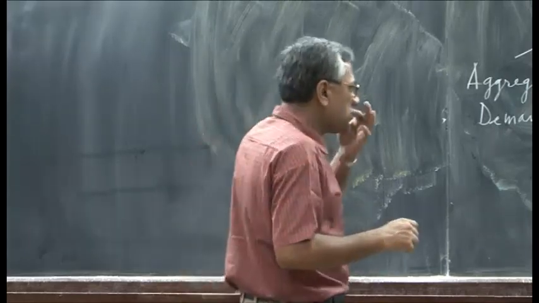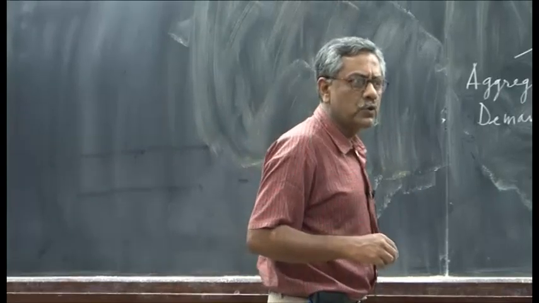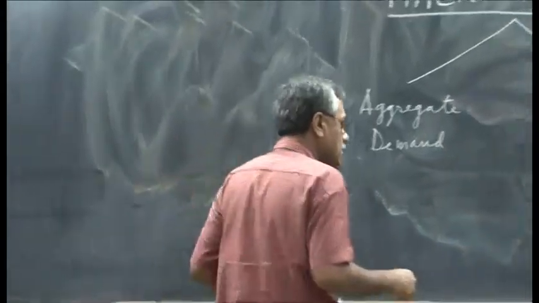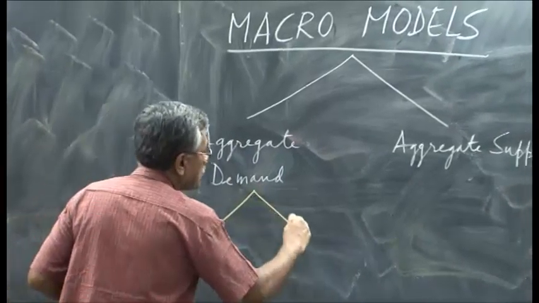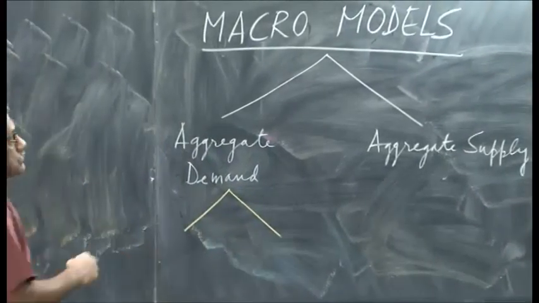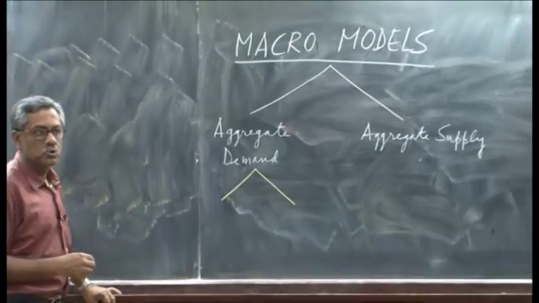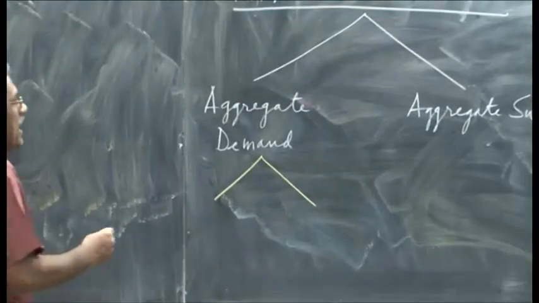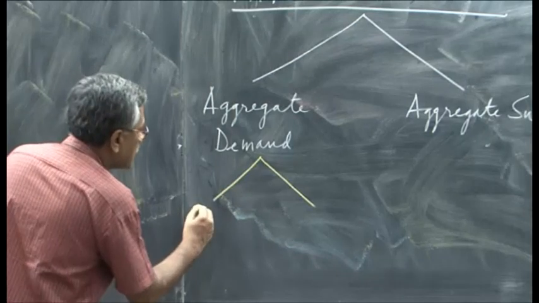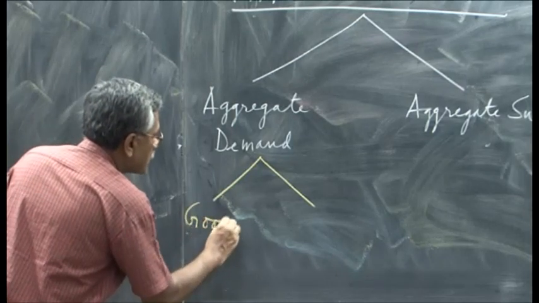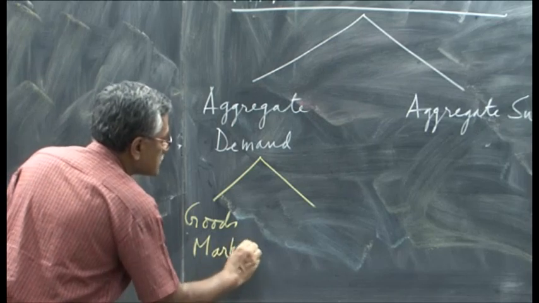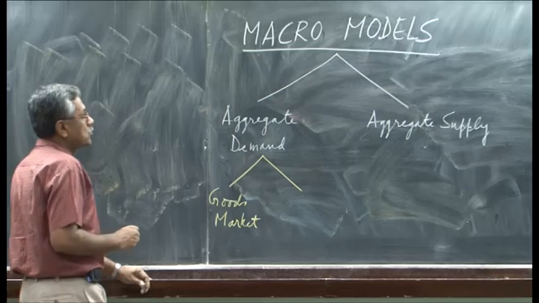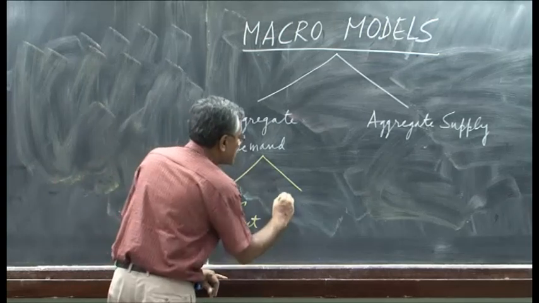Now, on the aggregate demand side, structurally talking about, there are two components to the macro models. Two essentially, one, we have to describe the goods market, which is also sometimes known as the goods and services market, and also we will have to describe the money market.